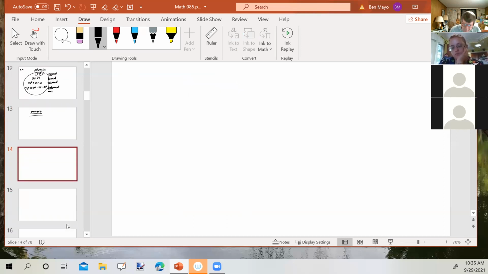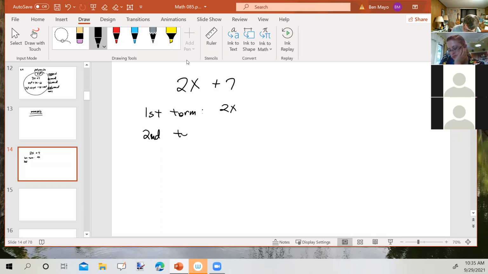let's say we have the following binomial, 2x plus 7. There are 2 terms. The first term is 2x. The second term is 7.